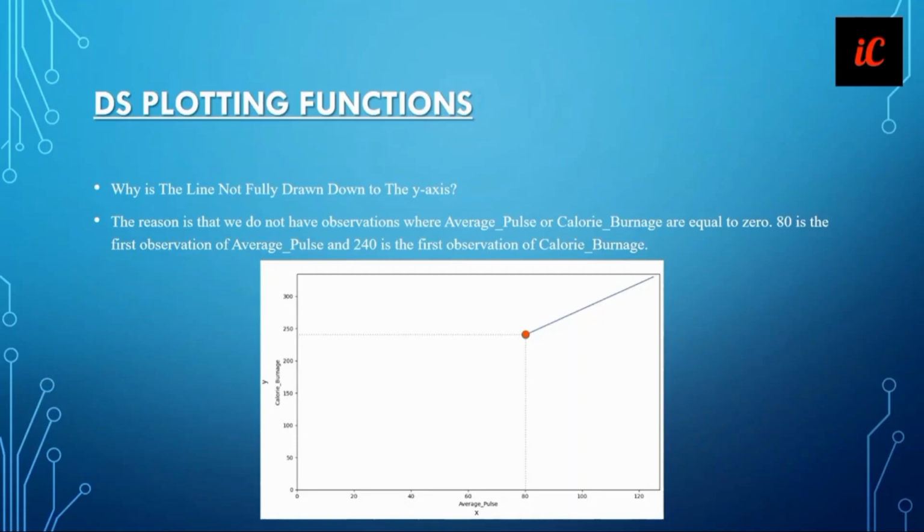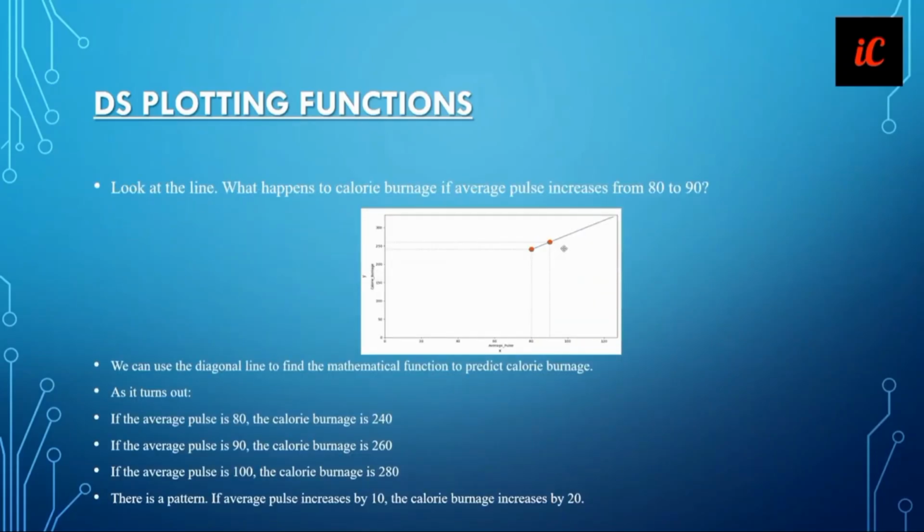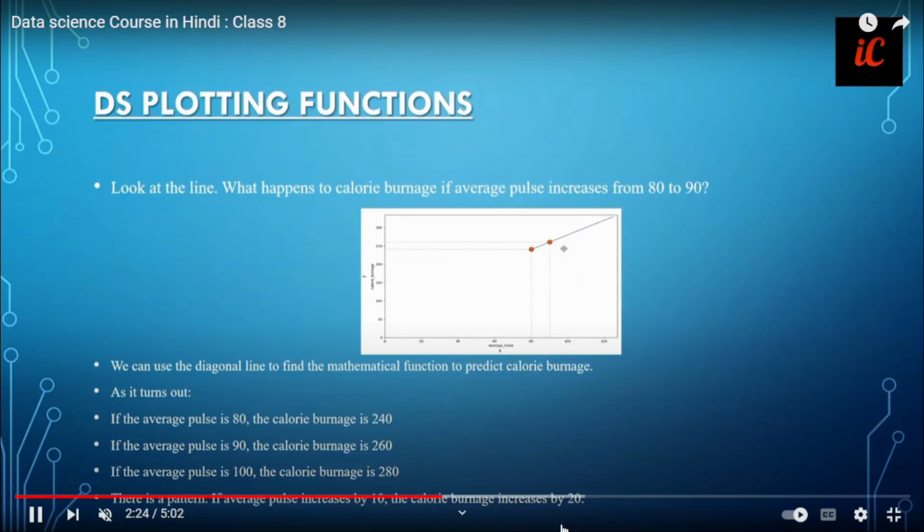So we are not getting anything at 0; it is between the 240 and 80. It will not touch the 0 at the axis because the starting point is 80 for the pulse and 240 for the calorie burnage. That is why it is not touching the axis.